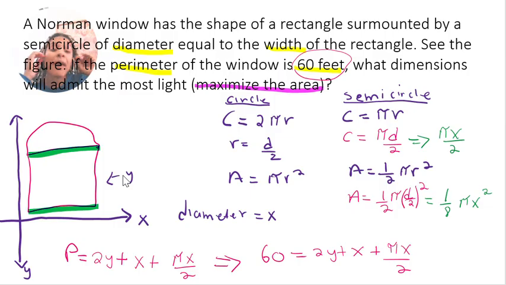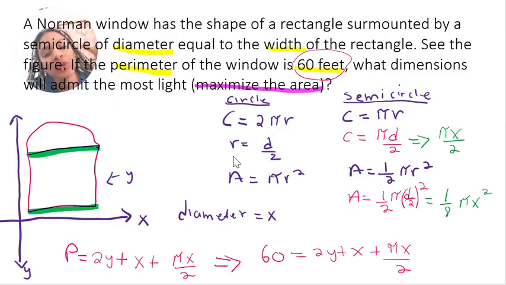For the diameter, both the diameter and the width, we're using x. For the length, we're using y. All of this, the circle, the formula for the circumference of a circle, the area, to know what the diameter and the radius mean, all those things are from previous knowledge, all right?